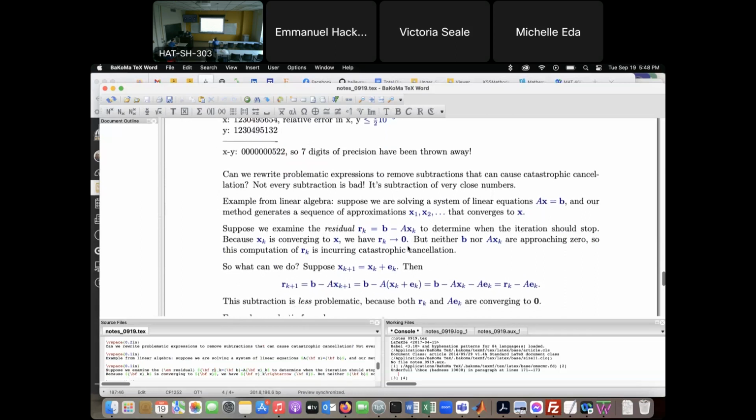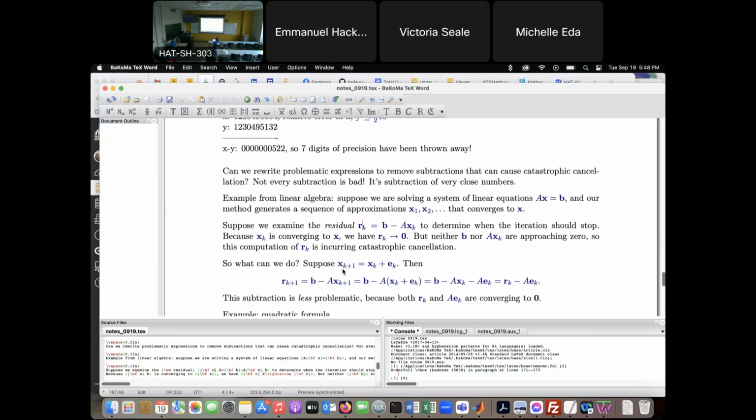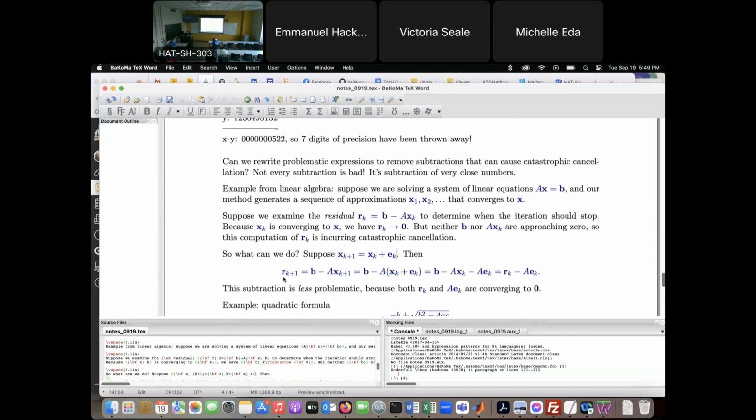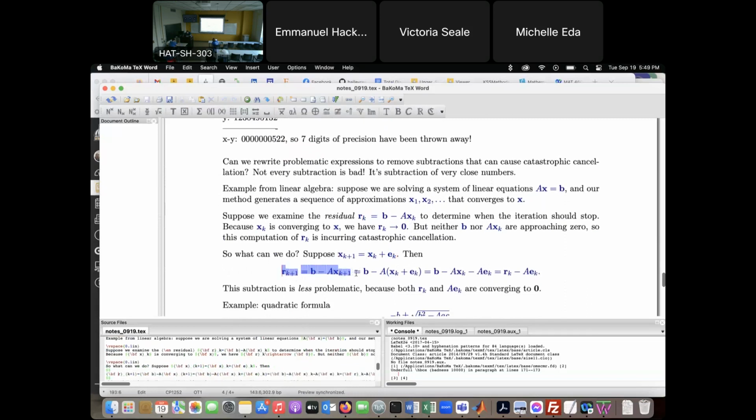So let's suppose that the difference between two iterates, xk and xk plus 1, is this vector ek. Then here's my residual, b minus A xk plus 1. It's using the definition of residual up here for k plus 1.